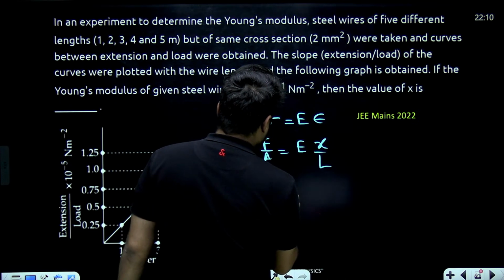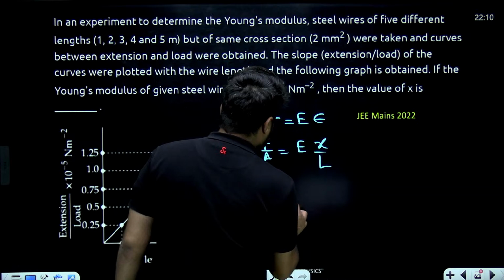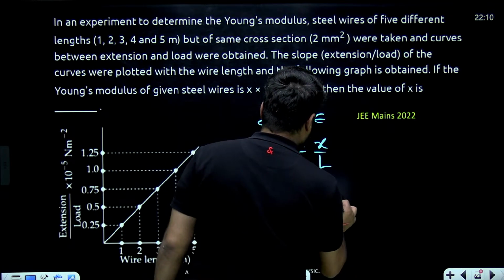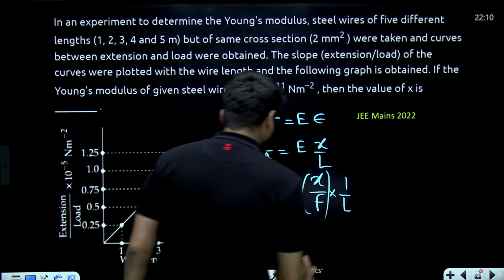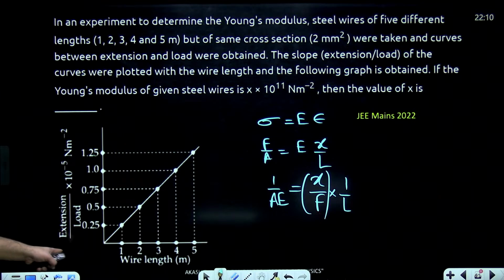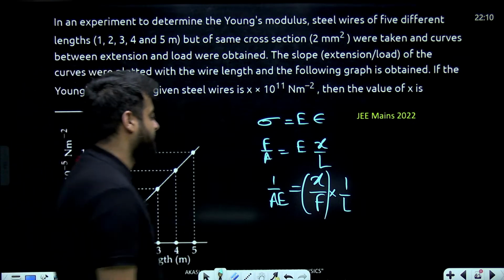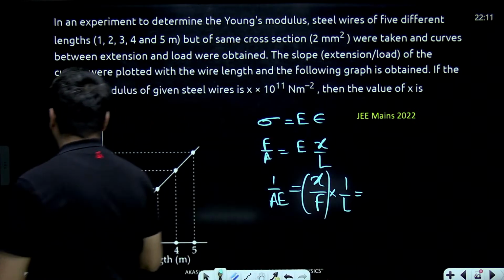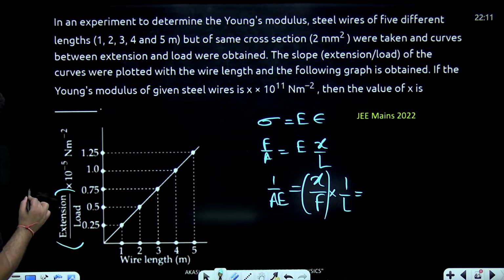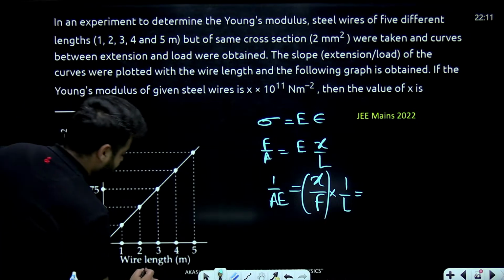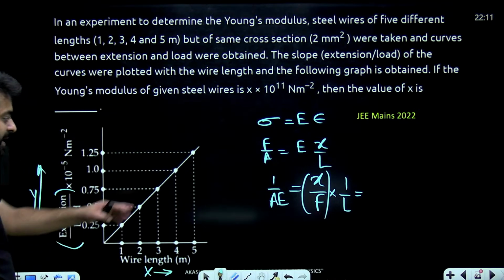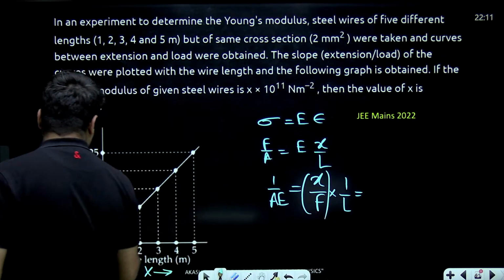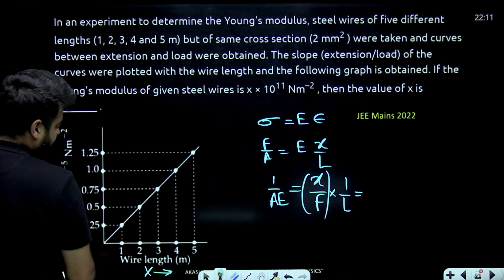So can I say 1 by AE is basically what? X by F and divided by the length. You know what is x by F? This is y and this wire length is L. So can I say, if I take this as a y axis, if I take this as a x axis, so this parameter will be given to you, and this is 1.1, this is a kind of straight line, okay, 45 degree.